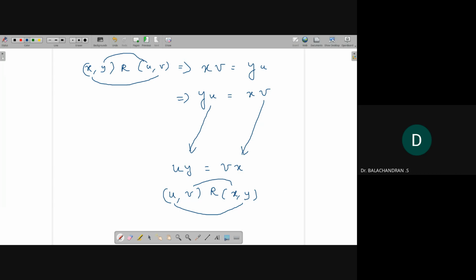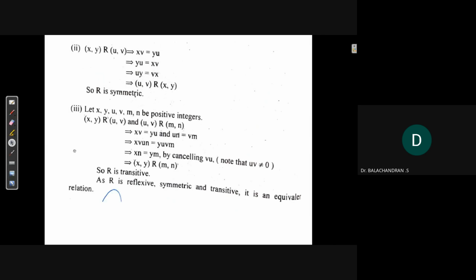Symmetric. So next transitive. For transitive, we will take here (x, y), (u, v), (m, n), all positive integers, because that is your set in the problem, it is given. So next step, if (x, y) is related to (u, v), means first into last xv, second into first yu.